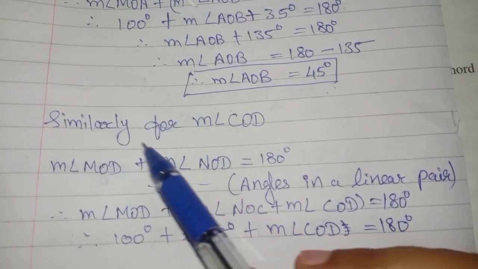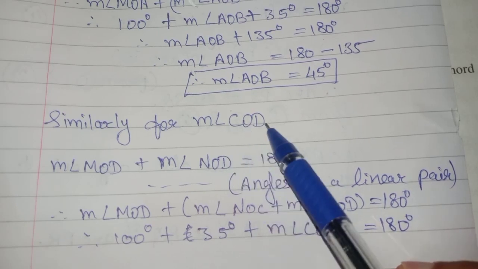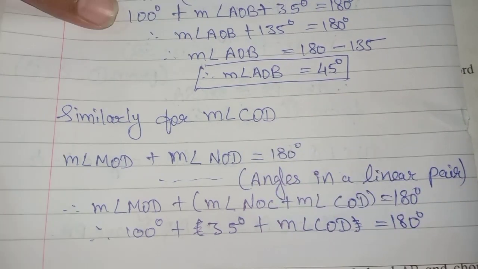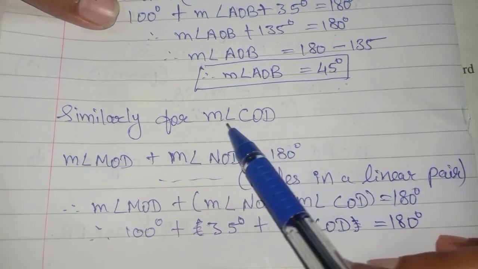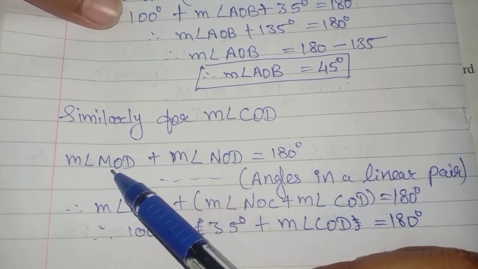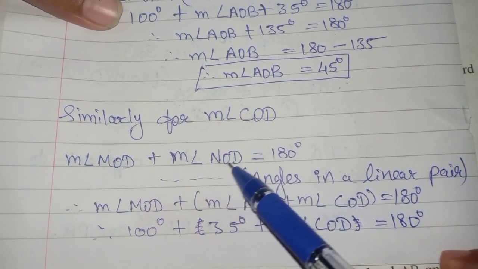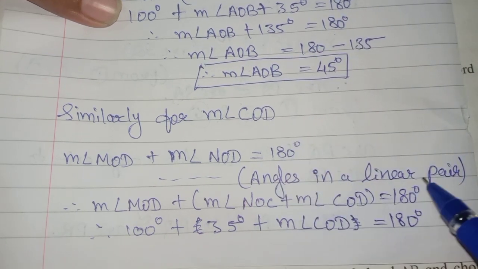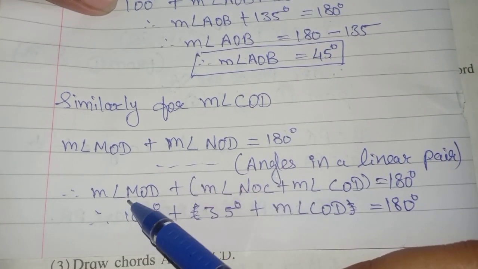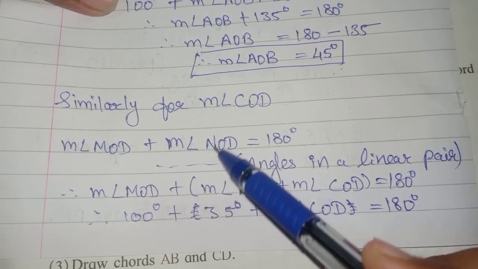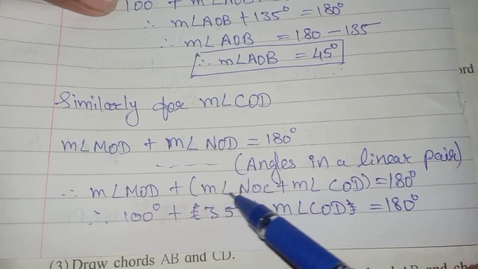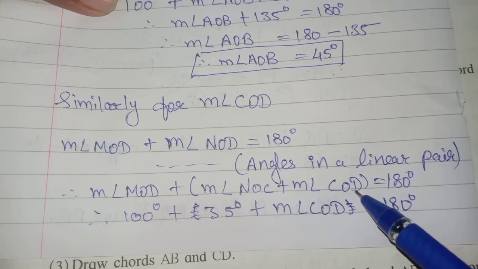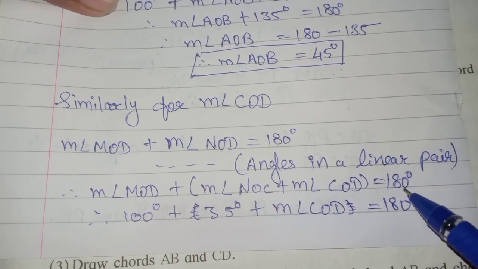Similarly, for measure angle COD also we can write: measure angle MOD plus measure angle NOD is equal to 180 degrees, same as this, because these are angles in a linear pair. Now NOD you can write as measure angle NOC plus measure angle COD, which is equal to 180 degrees.